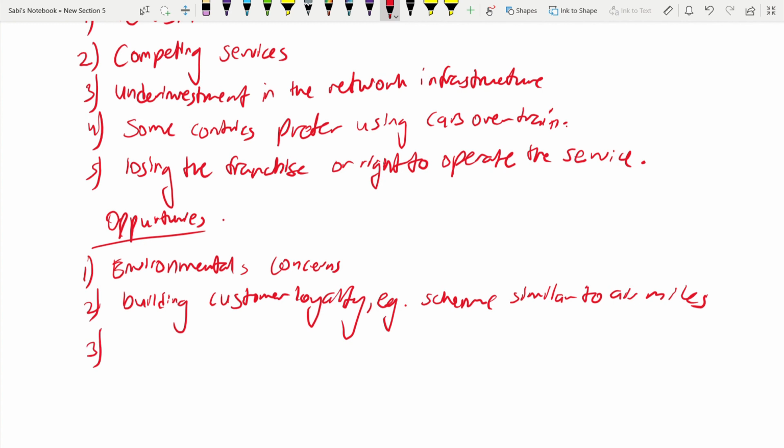Or increasing cost of petrol, making cars more expensive to run. When the cost of petrol goes up, cars become expensive to run, and you will go by the alternate mode, that is train.